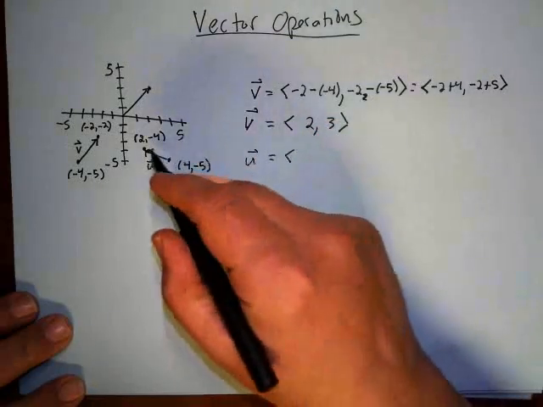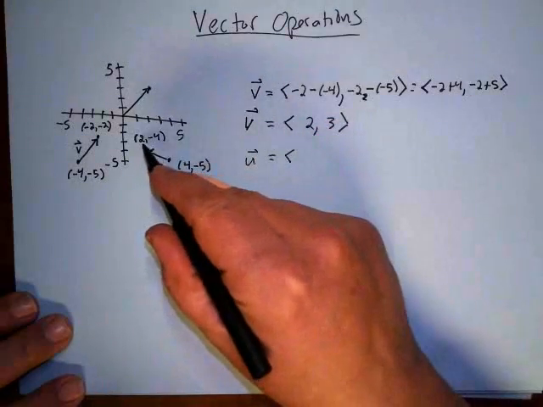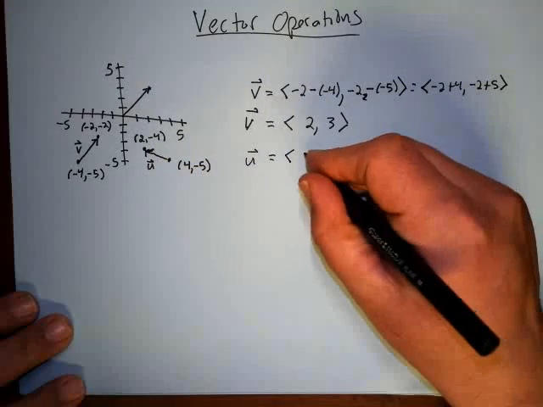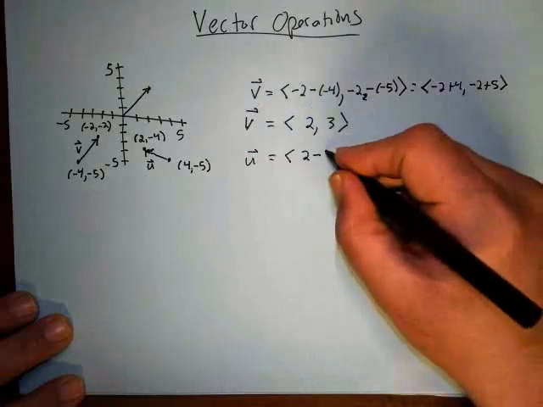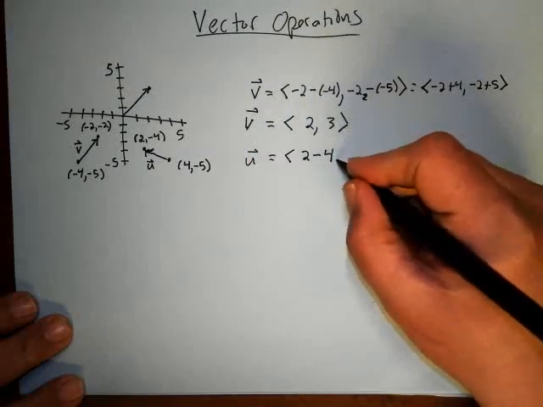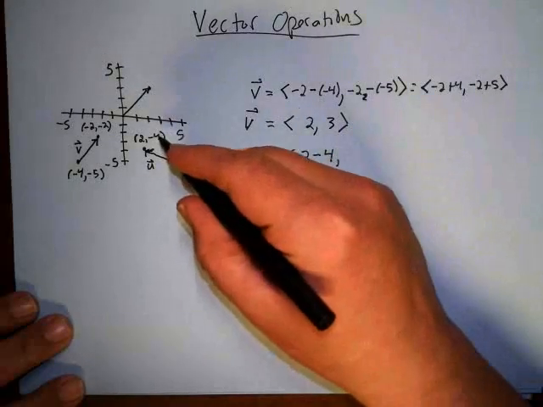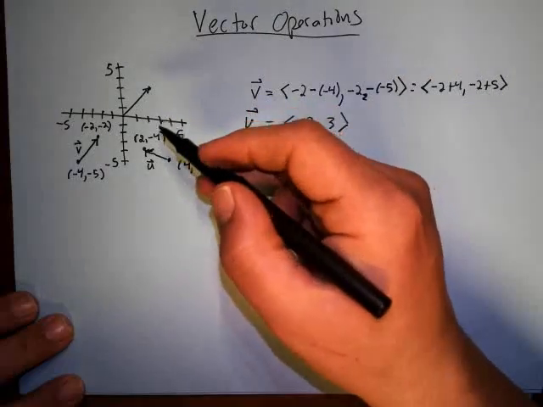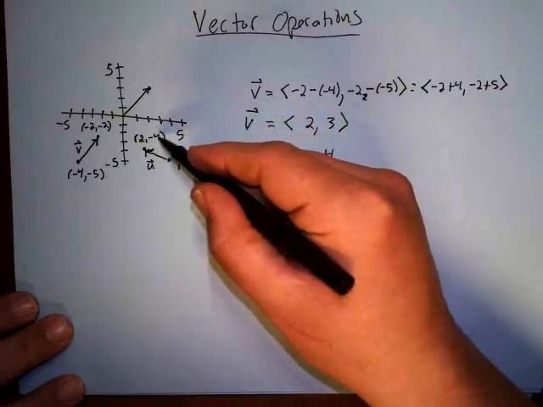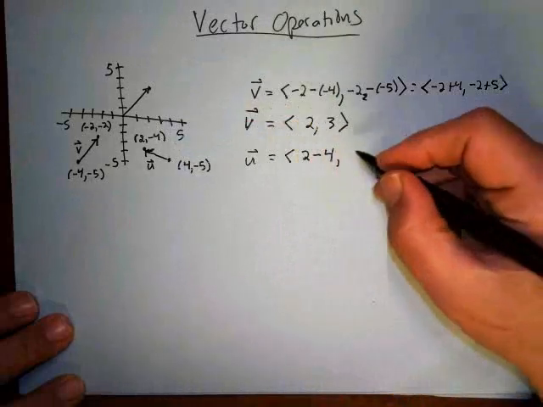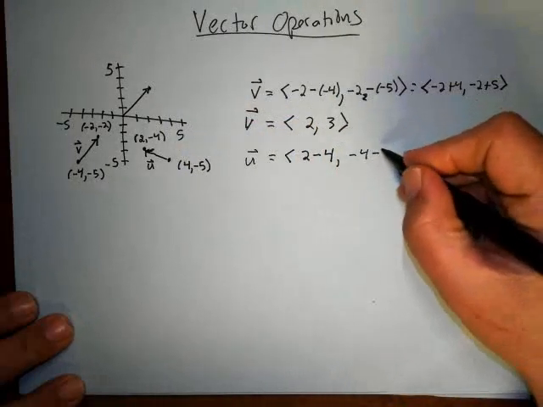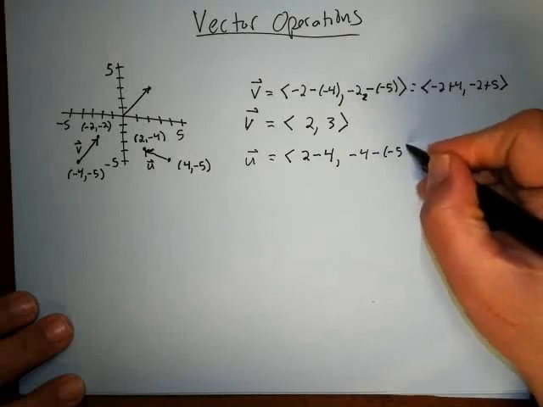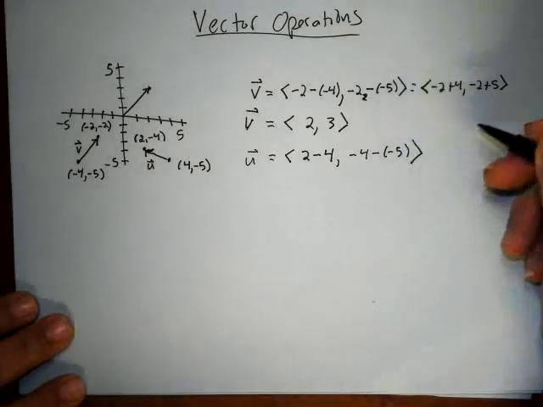So for u, I would take the terminal minus the initial, and again for the y, the terminal minus the initial, so -4 minus -5.